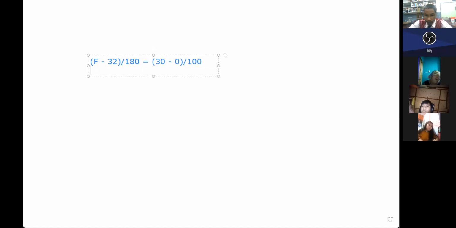Celsius, equivalent degree Fahrenheit of what? Of 30. So what happened? If you use your calculator, please. Use your calculator, 180. So I will show you in the calculator.